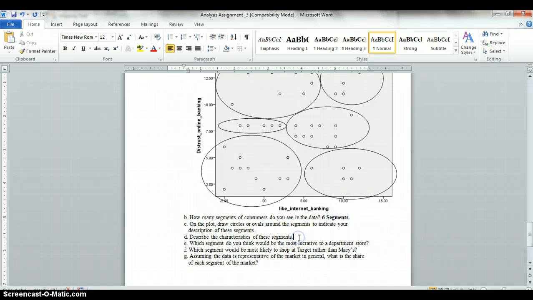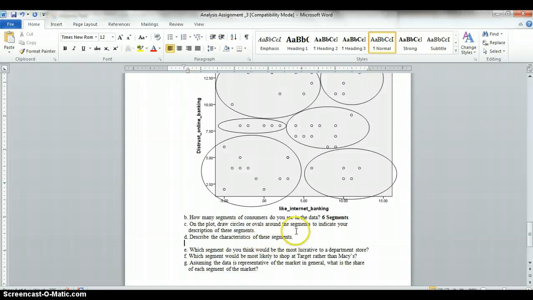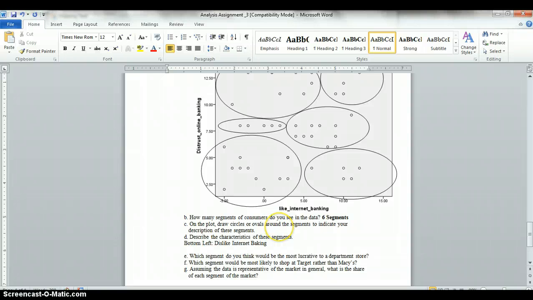Okay, I already drew the ovals. Describe the characteristics of these segments. All right. So I'm going to say bottom left, and I'm referring to this segment right here. These people dislike internet banking, right? Because these people really love it, these people really hate it. Bottom right, these people like internet banking.